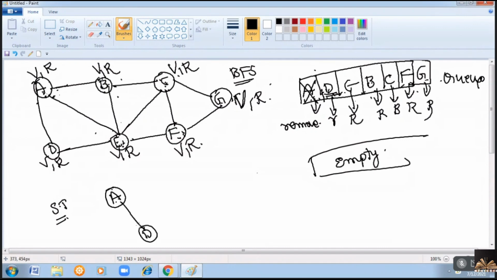After D, I have visited E. And after E, we have B. And after B, we have C.